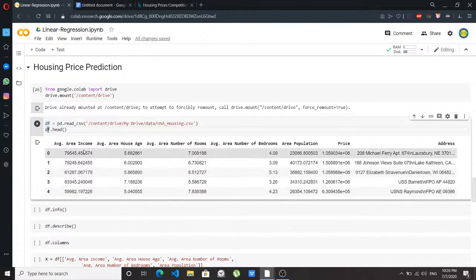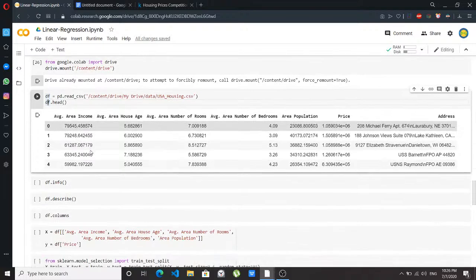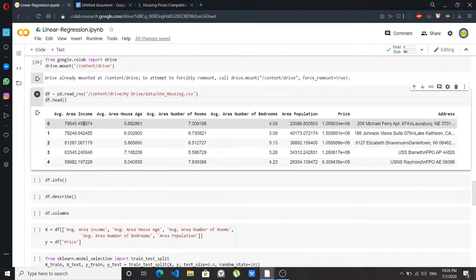When I run this, I have this data set that contains average area income, what is the age of the house, how many rooms does it have, how many bedrooms does it have, what is the area population, the price, that is what we want to predict, and the address.